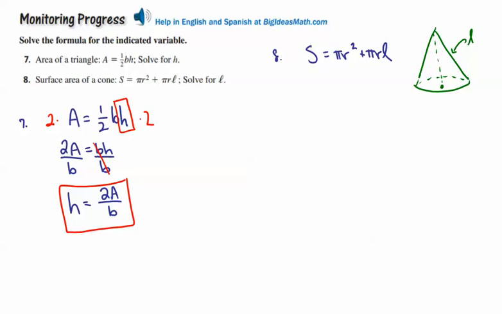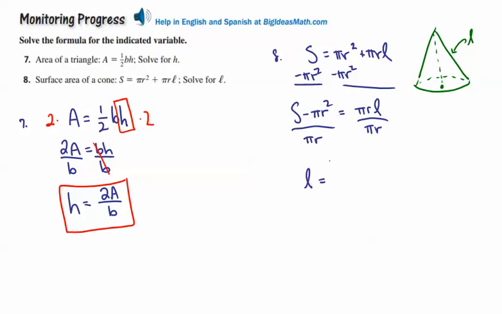Now we want to isolate that, and here it's not too bad. We have only one L. So we're simply going to begin by getting rid of the addition and subtraction. And we'd have S minus pi r squared is equal to pi r L. At this point, all we want to do is divide both sides by pi r, and we end up with L is equal to S minus pi r squared, over pi r.